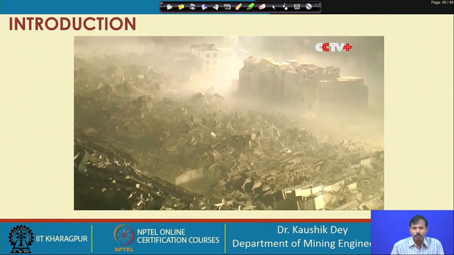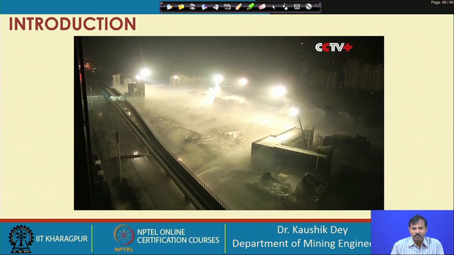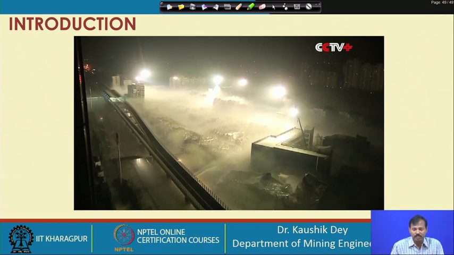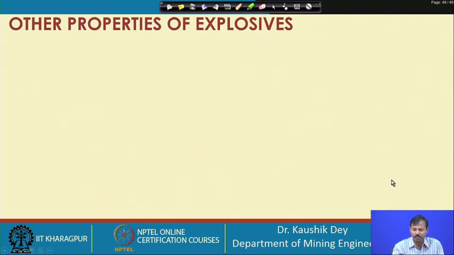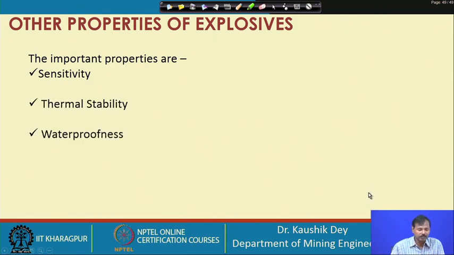So, blasting is a good tool which not only can be used for excavation of the rock, but for demolition also this can be used significantly, as you can see from this video. But for all this we should understand the different properties. So, the other important properties except the density, VOD and strength parameter of the explosive are sensitivity, thermal stability, waterproofness, gallery test and incendiarity test.